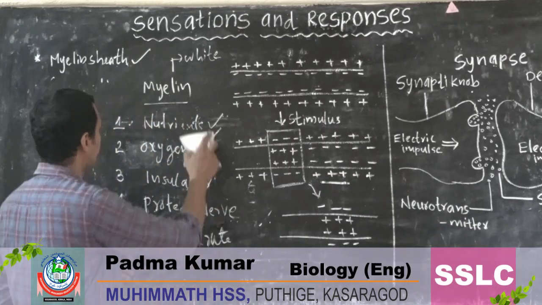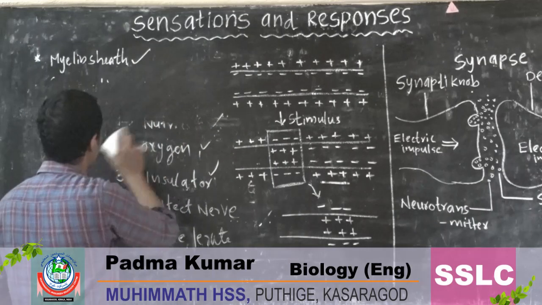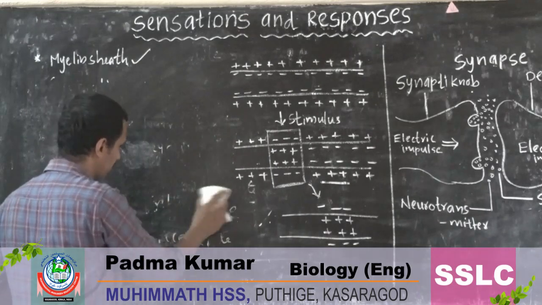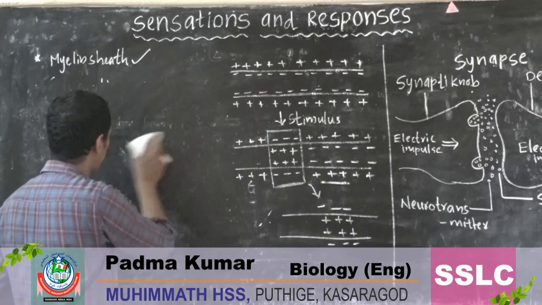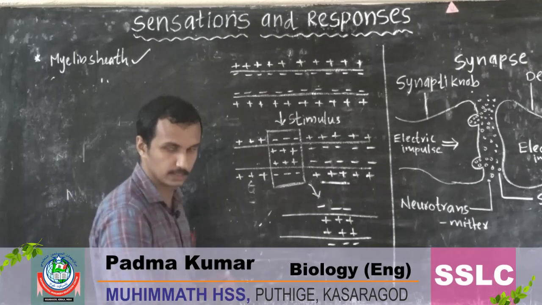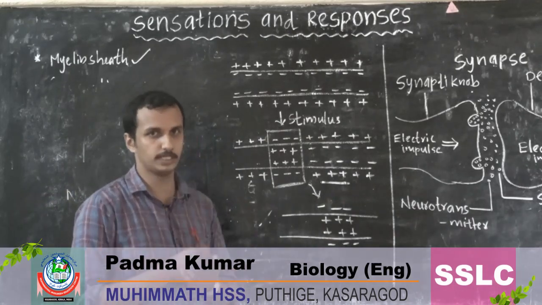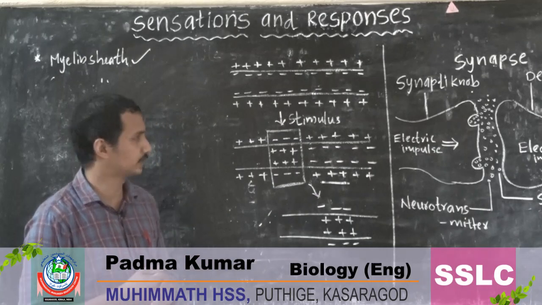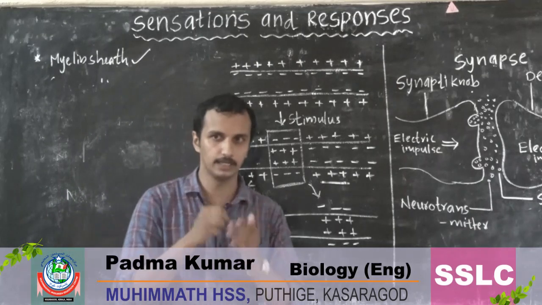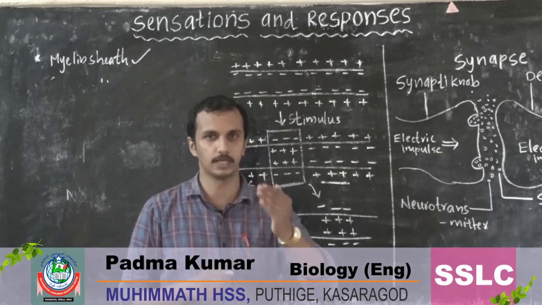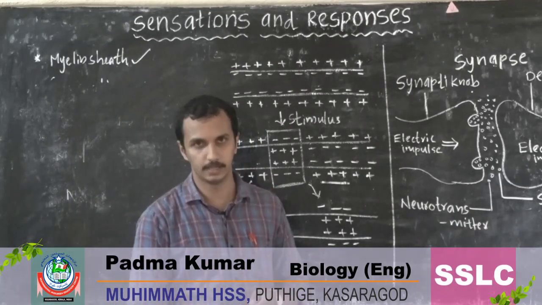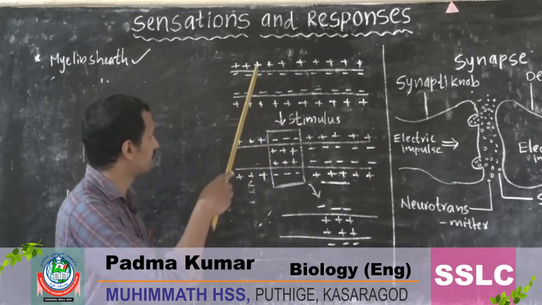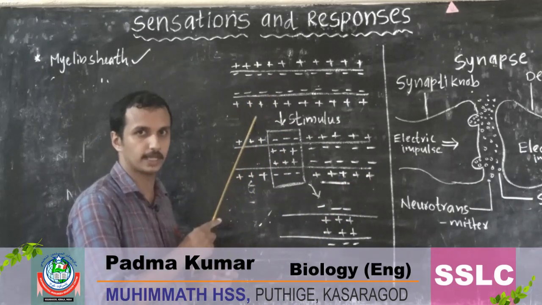Now let us move to our next topic, that is transmission of impulses and generation of impulses. First we have to discuss how these impulses are generated in a nerve cell. There is a diagram on this blackboard. Can you see this diagram?